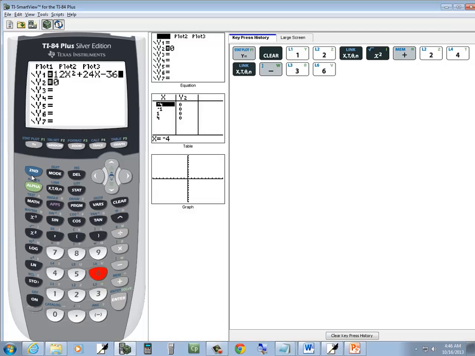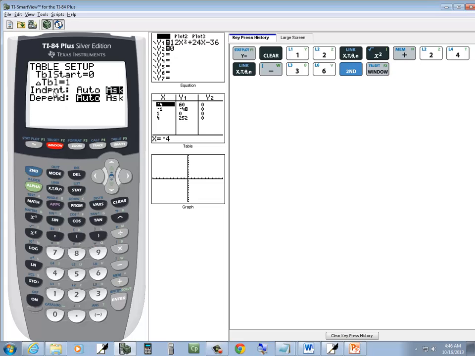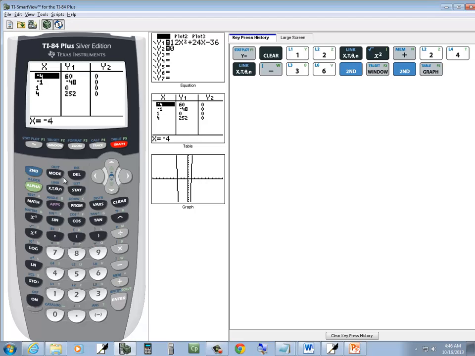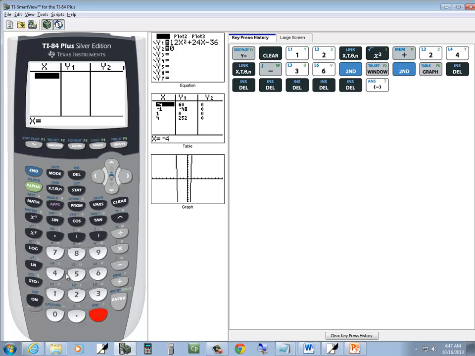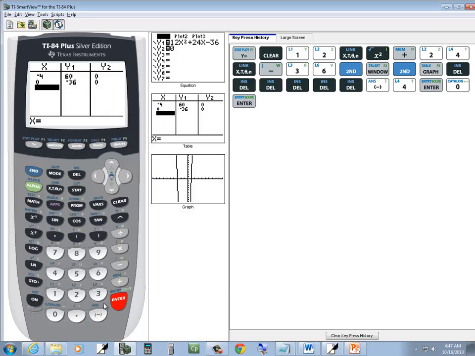Now I want to make sure my table setup is right. So I do second window, go into table setup, and you want independent to say ask. If it doesn't say ask, down arrow that line, right arrow, put your flashing cursor on the ask and press enter one time. Then we'll do second graph, go into table, and I'll press delete to clean out these ones I have. You may not have any. And we're going to put in our test cases. Negative 4, enter, 0, enter, 2, enter.